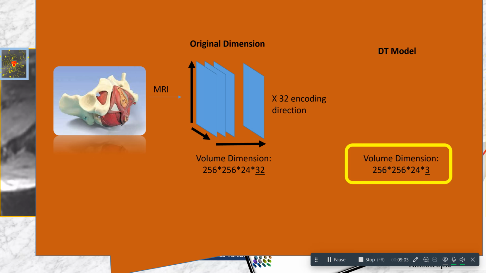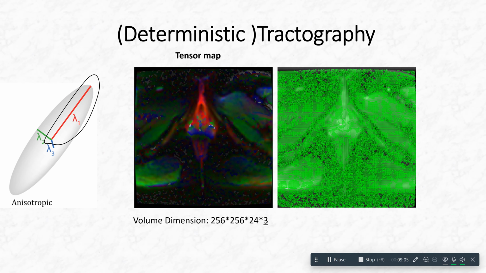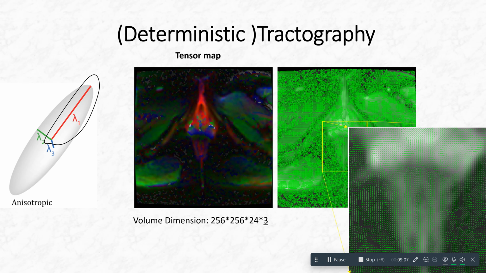A technique to gather fiber orientation from these MRI images is called tractography. What is commonly used is deterministic tractography.